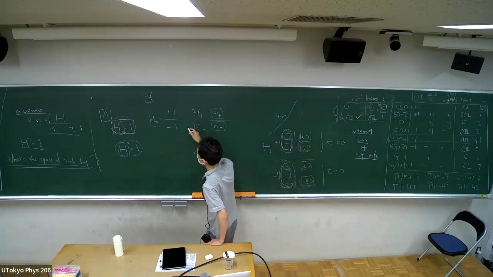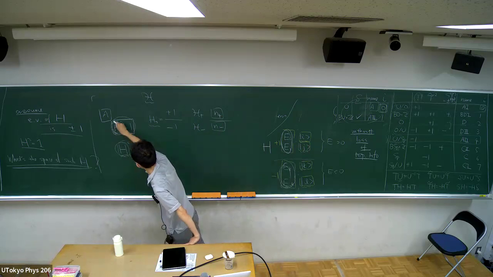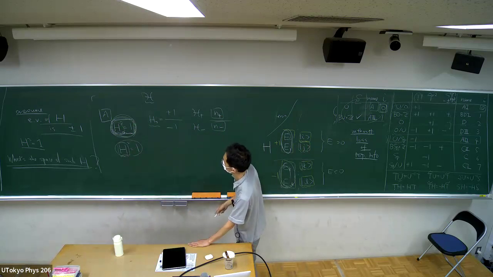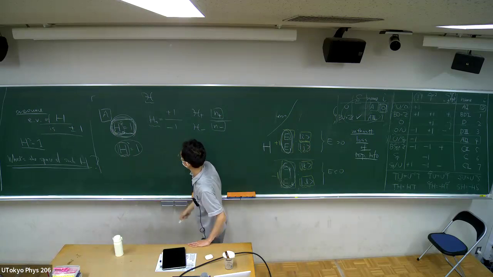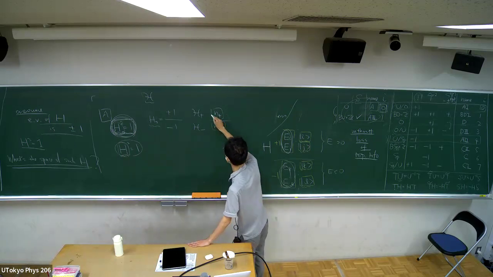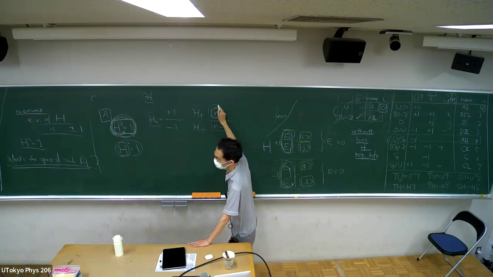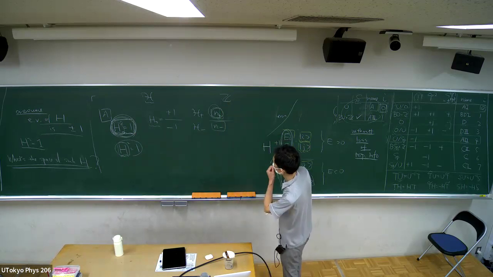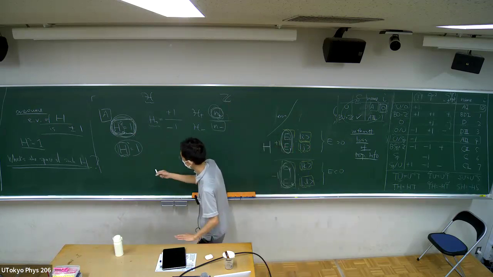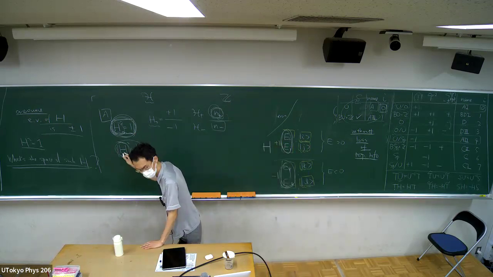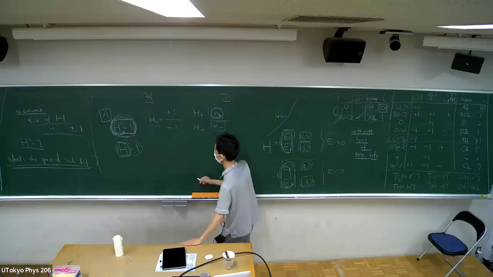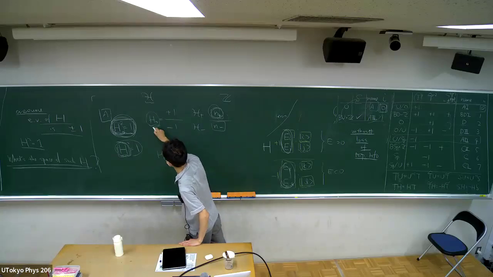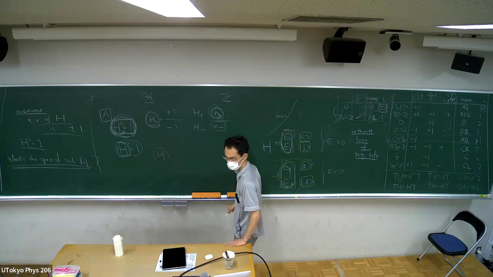So the choices of this reference point have one integer parameter, so that's inevitable. And you would like to ask, what are the other choices? So suppose this H is connected continuously to this H0.